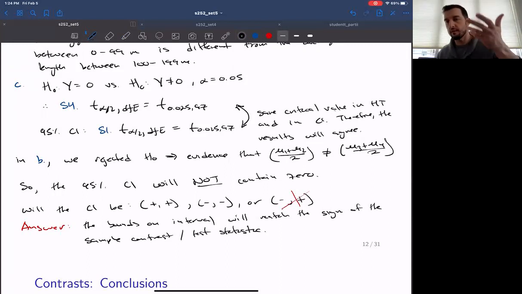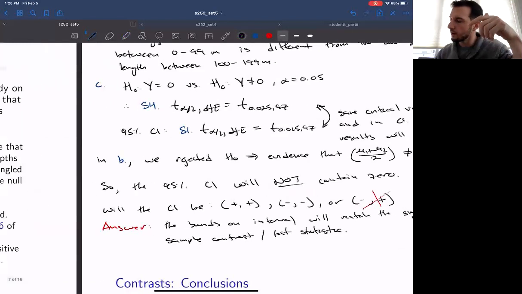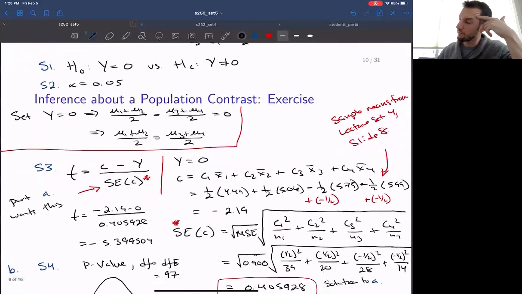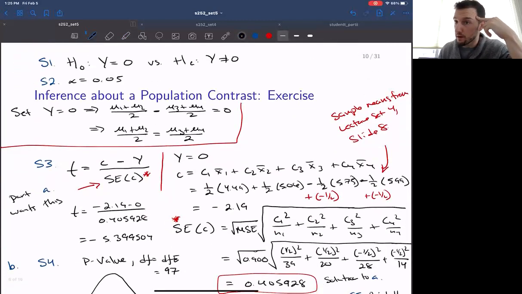So if you think about this in terms of what we have already calculated, our sample contrast for the problem is negative 2.19, and our test statistic is negative 5.4.